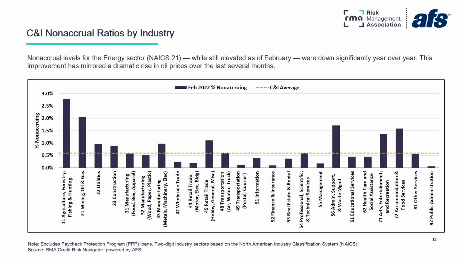If you look at February 21 versus February 22 at the next level down from 33, so the third level of the NAICS code, we're seeing elevated levels for all of the subsectors in 33 manufacturing, with the exception of computer manufacturing. Computer manufacturing is doing okay.